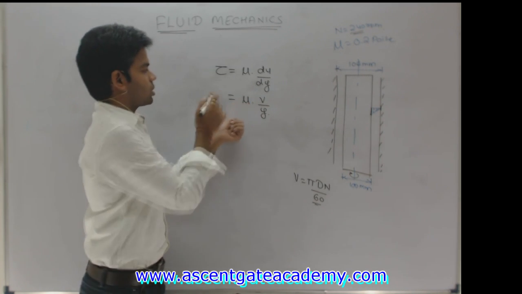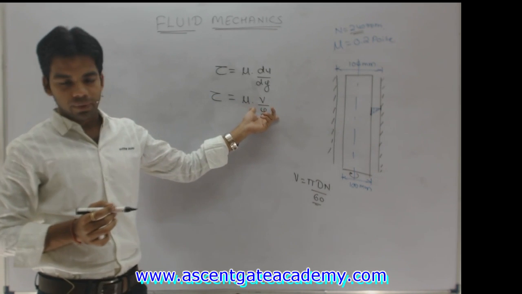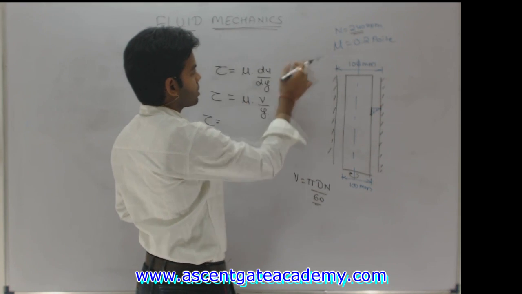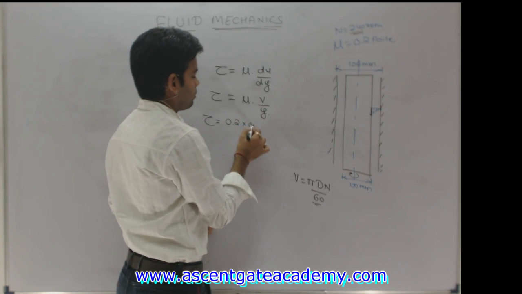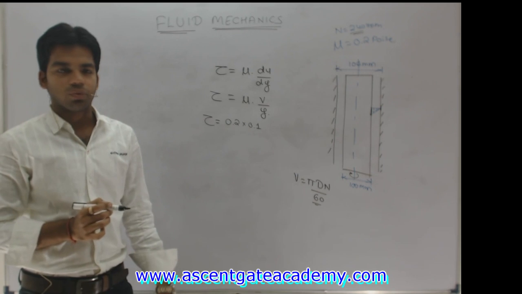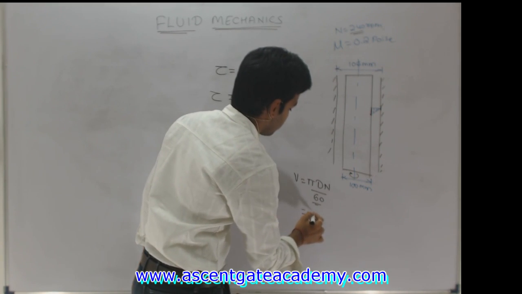So this shear stress tau is nothing but mu into v upon y. Further, just put the values. Mu is given as 0.2 poise, and 1 poise is 0.1 Newton second per meter square, into velocity. Now let us calculate the velocity.